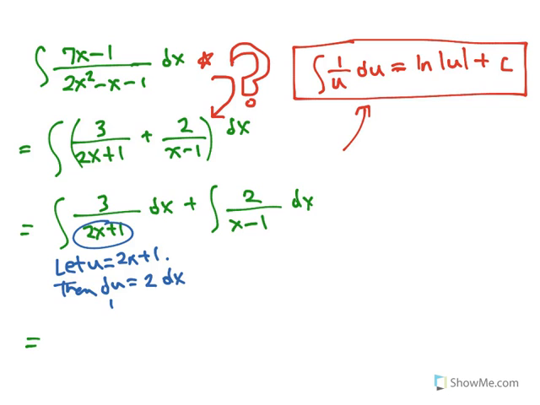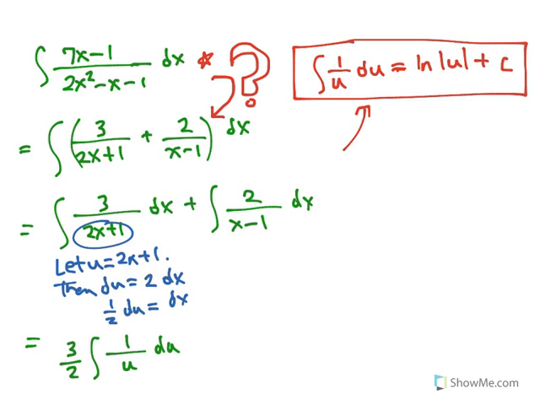So you will have 1/2 times du is equal to dx. So now you are able to change variables. You can factor out the 3 from the numerator, and then 2x plus 1 is u. dx becomes 1/2 du. You can factor out the 1/2, and this is what you'll have.